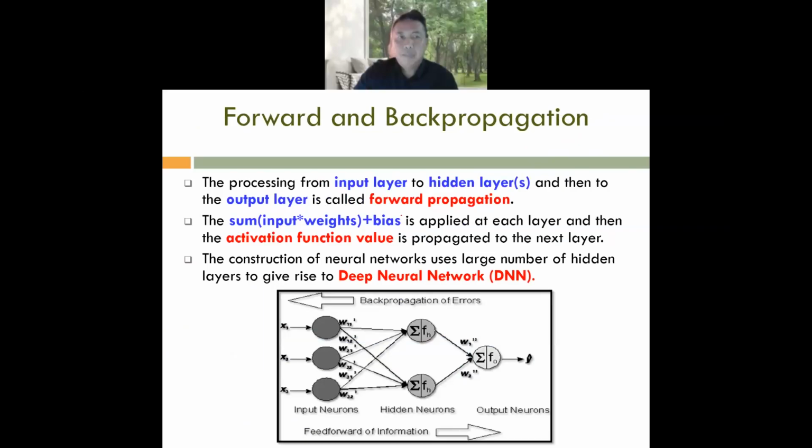So for the forward propagation, meaning that you only go one direction, you have the input, then the hidden layer, and then the output, meaning you only go one way. But if you feed this back into here, they call it propagation of error, or back propagation neural network.